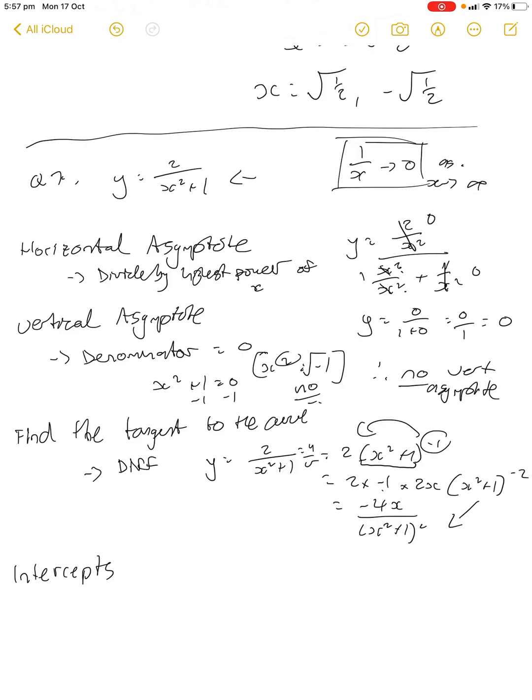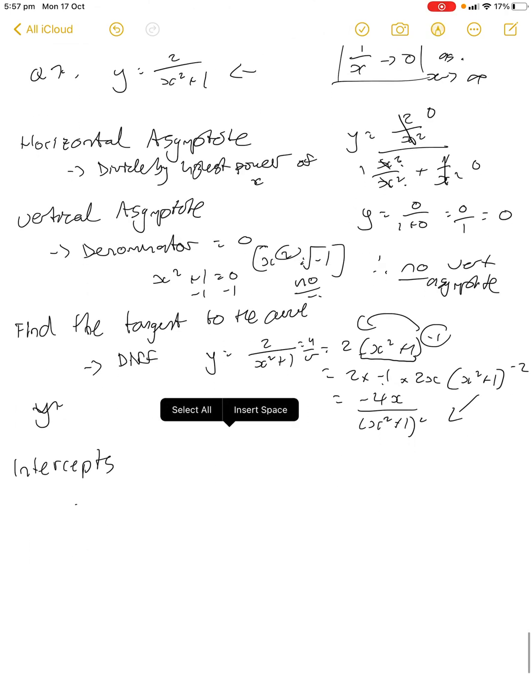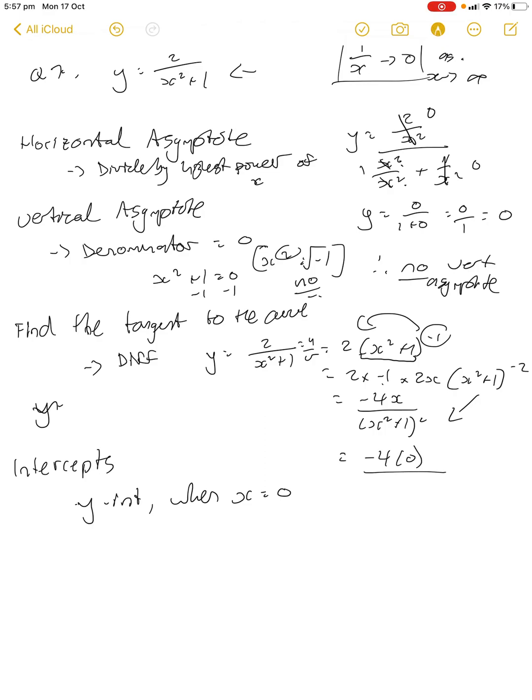Now, the second part of this question is asking you to show that the tangent to this curve is horizontal at the y-intercept. Now we find the y-intercept from when x is equal to 0. Alright, so let's put that in here. When x is equal to 0, we've got negative 4 times 0 over 0 squared plus 1 squared.